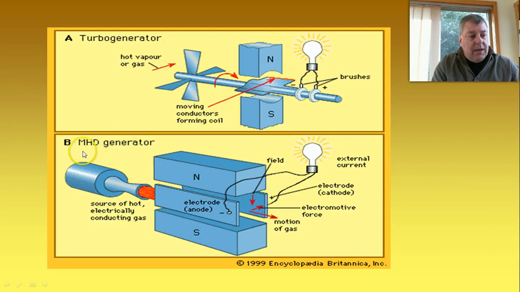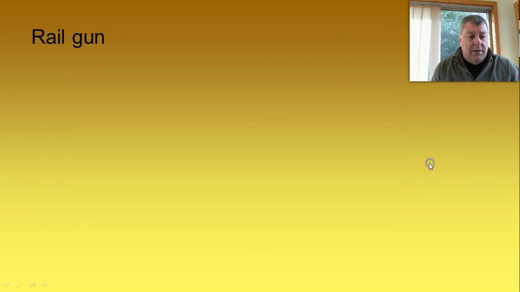And what they're thinking here about MHD is you have the plasma, you have your electric field there, and your magnetic field there, and the plasma flows through there, and it actually generates a current between the two plates, and that's getting rid of the turbine. So it's actually more direct than using a turbine, and it should be more efficient. But still, it's in the experimental phases.